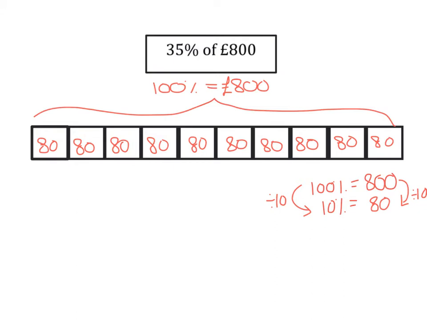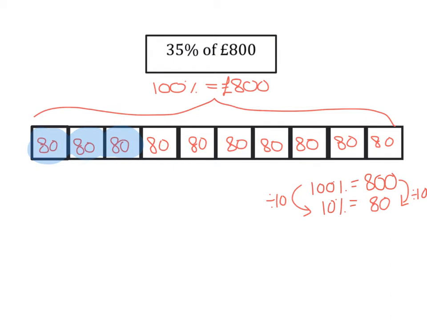Okay, so I want 35%, so I'm going to need 3 of those to get 30, because each of these is 10%, remember, each of these boxes is 10%. So I'm going to need 10, 20, 30%. Now I also need 5%, so at this point I'm now looking at this box over here, and I don't want all of this box.